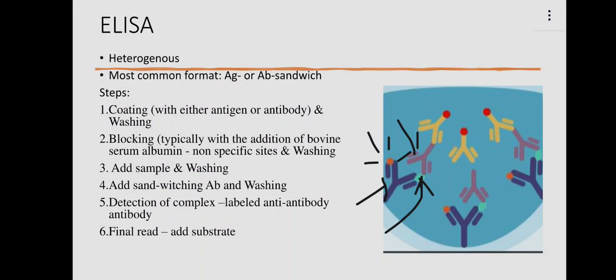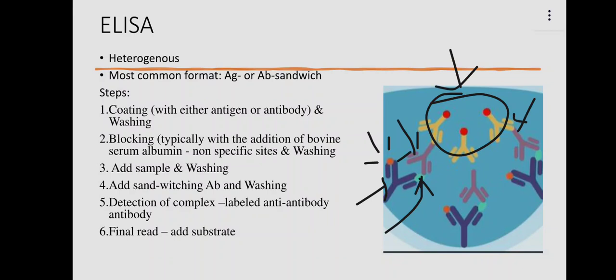So why they go to this other antibody is because you can produce specific antibodies against the analyte, which can then be quantified by using commercially available labels.